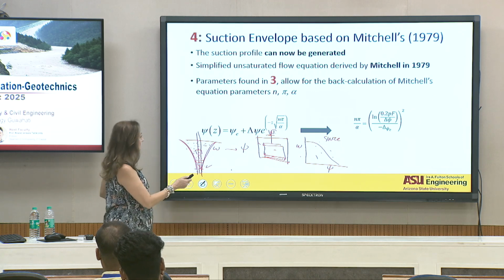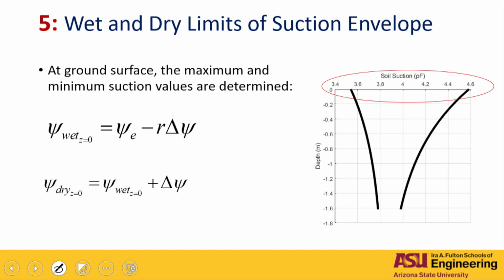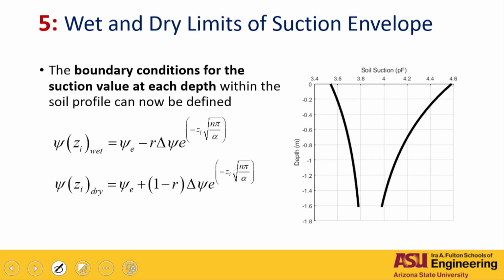All right. They got at the ground surface the minimum and the maximum values, determined with the values they found based on TMI. Then they use the boundary condition for the suction value at each depth, because this is the question that you have: suction at any depth for the wet envelope and the dry envelope.